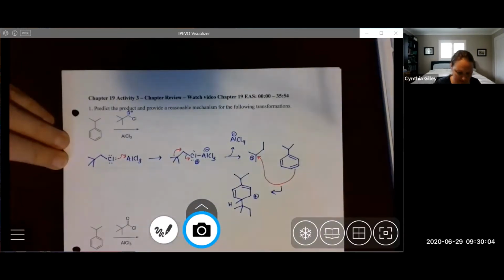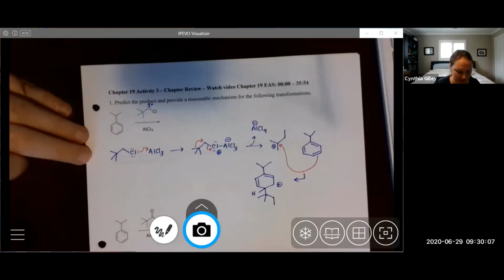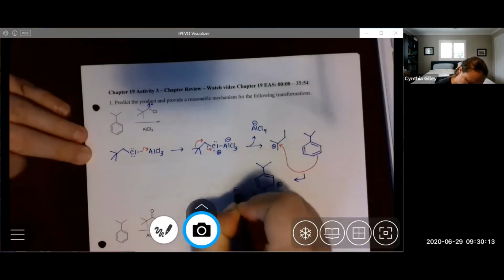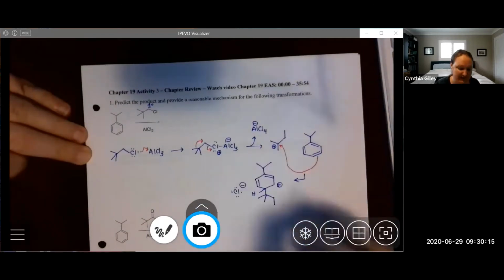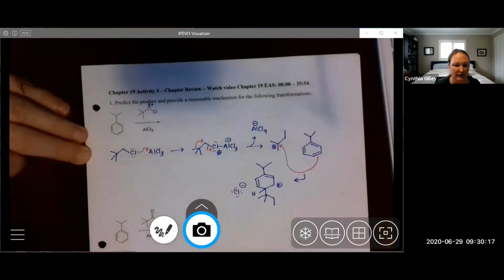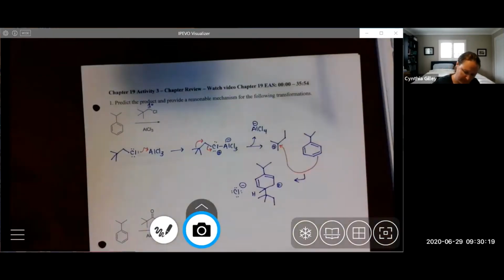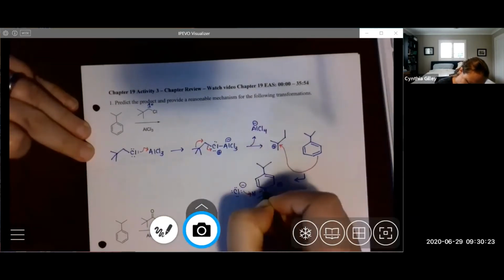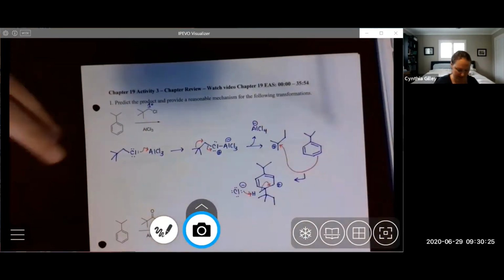You can draw out the aluminum tetrachloride, or you can just use a chloride that will have formed from dissociation with the Lewis acid. This can be used as the base to regenerate the aromatic ring.